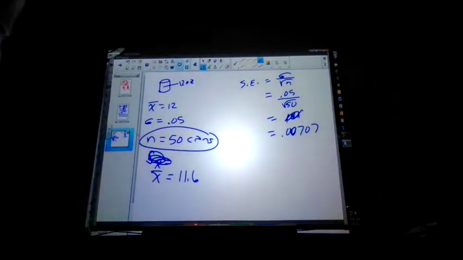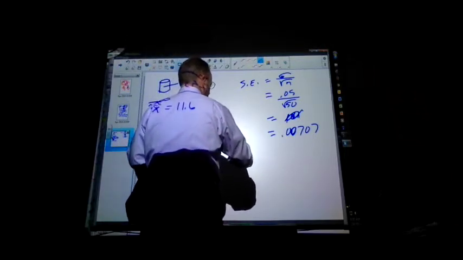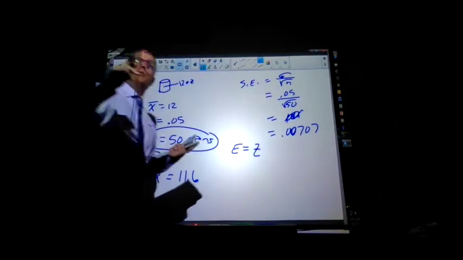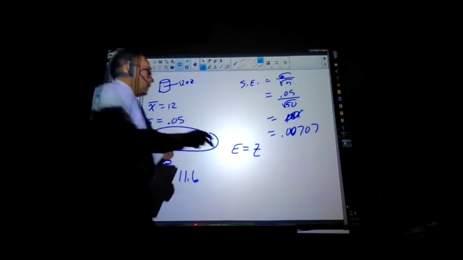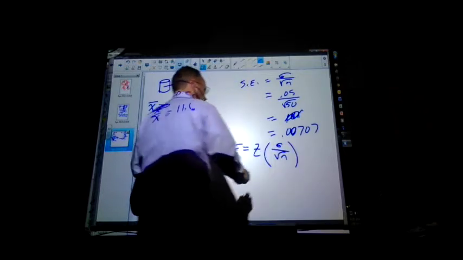Okay, what is our 95% interval for the average amount of cans filled by this machine? So I have E is equal to, I'm using Z because I'm using more than what number? 30. Standard deviation over the square root of the sample size.